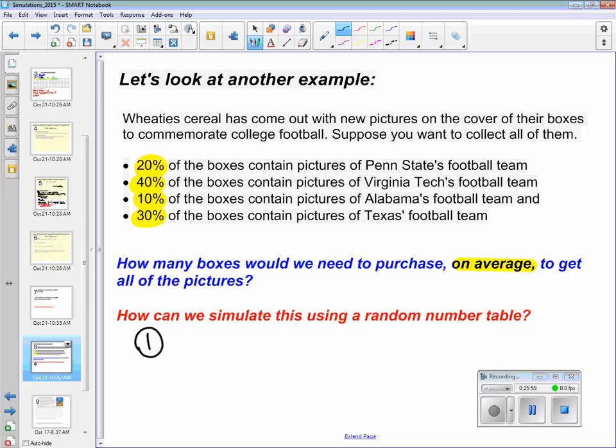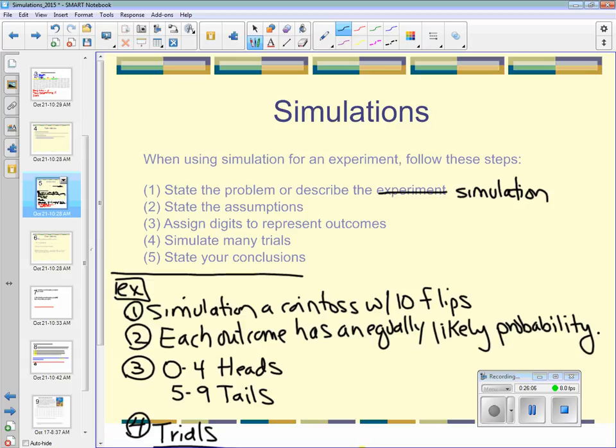What does a trial consist of? That's something you might want to add here on step 1. State the problem, describe the simulation. Next to number 1, describe what a trial is. What constitutes a trial?